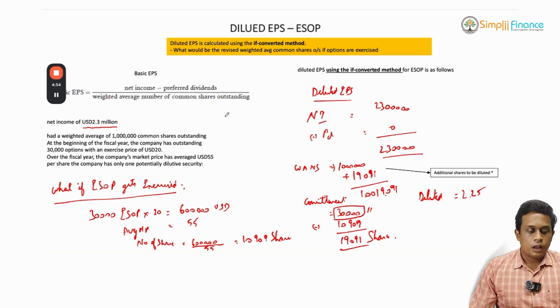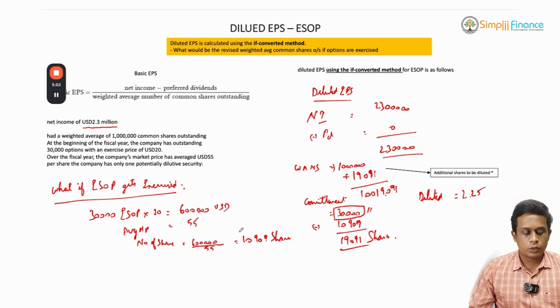The last convertible security we saw is the ESOPs. We use something called the treasury stock method to understand what could be the dilution in the equity shares. Using the exercise price and the average market price, you will understand how many shares you can procure with the exercise price money in hand. In this case, you had 30,000 options with an exercise price of 20.